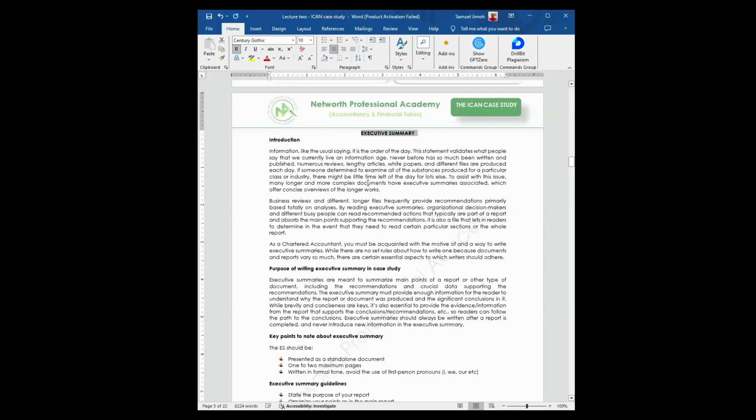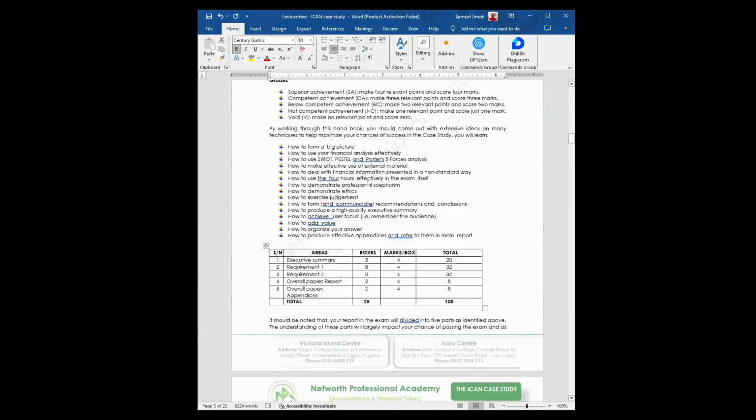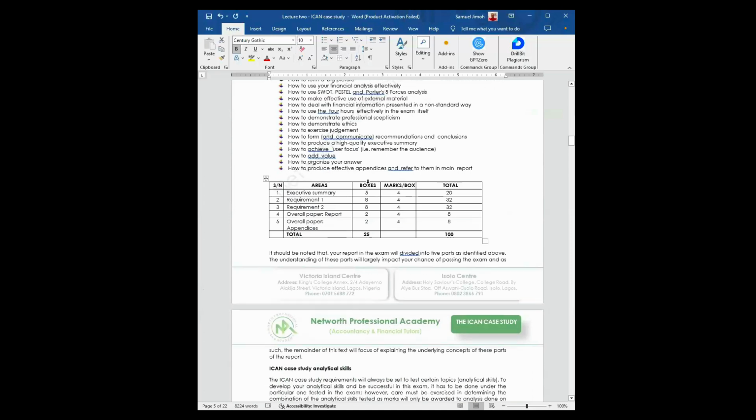Very good. So last week we had a session basically about the parts into which your report will be divided, invariably the skill sets that the assessors will be looking for in your report.